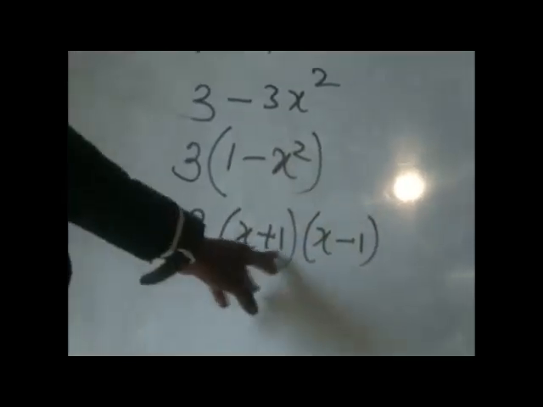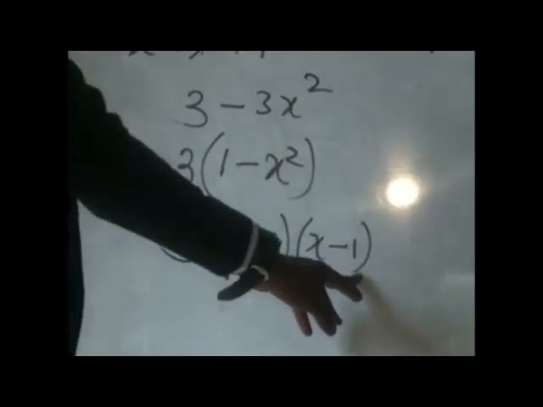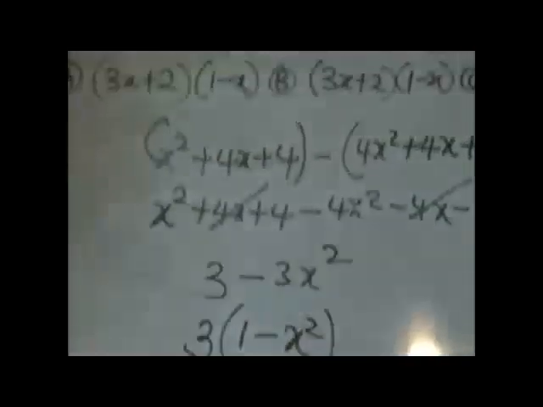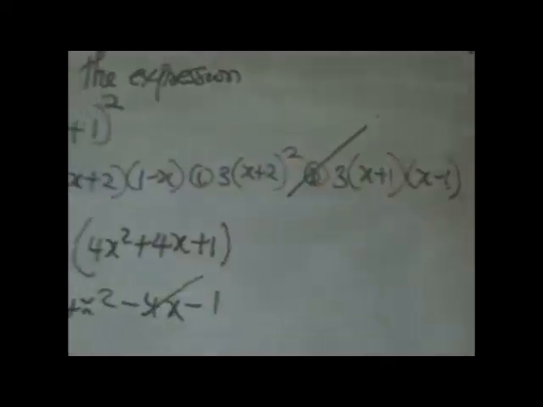Because this x plus 1 and x minus 1, by the time you expand this, you get this. So I have factorized completely. So the answer to this question, factorizing this completely, is 3 open bracket x plus 1, x minus 1. And the correct option to this question is option D. Alright? So let's move on to the next question.